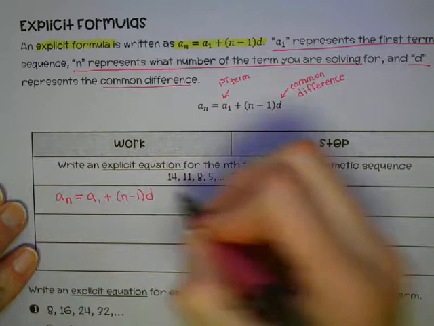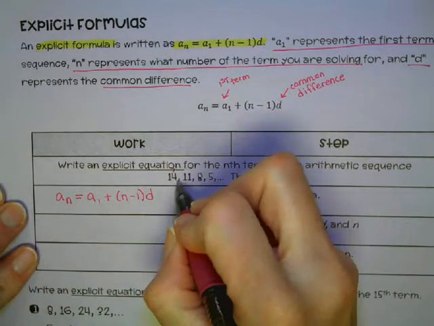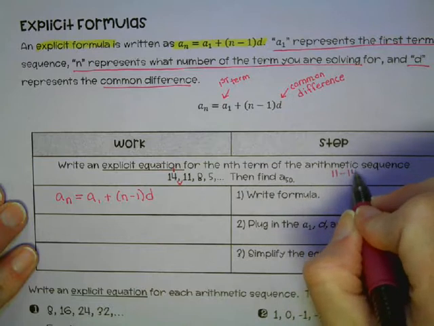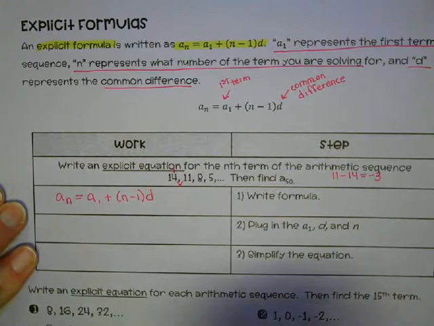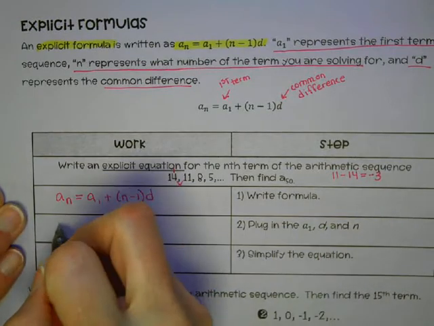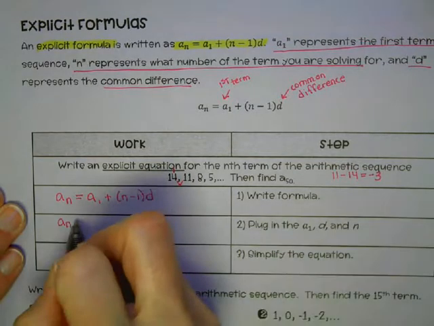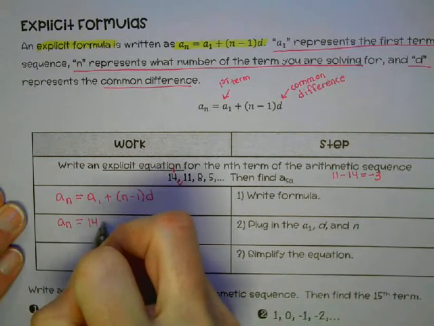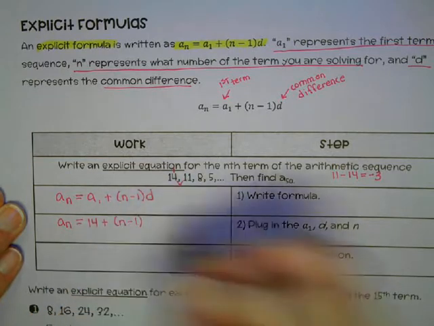The A1 is 14. The difference between them, let's do the work over here: 11 minus 14 equals negative 3, so it's going down by 3 each time. So our A1 was 14, and our difference was negative 3.